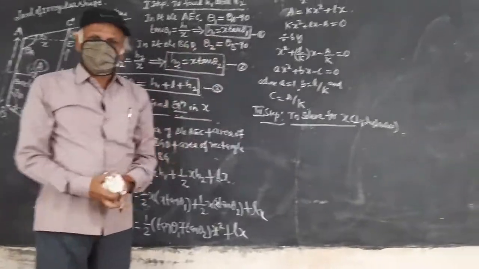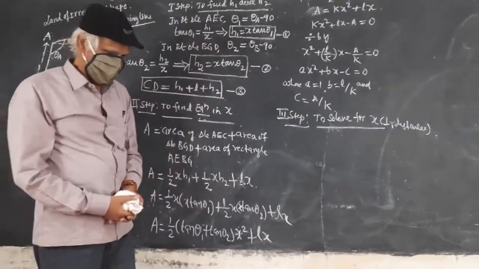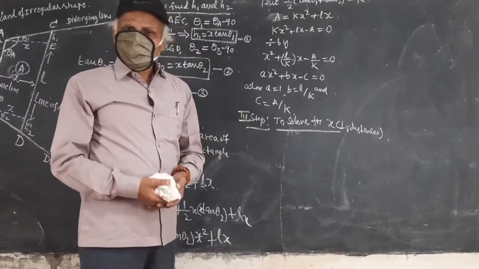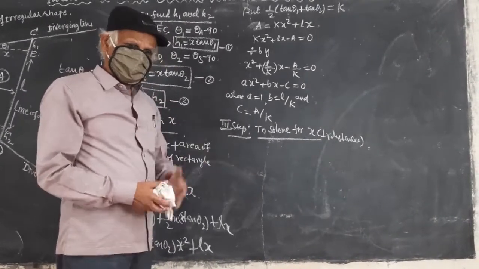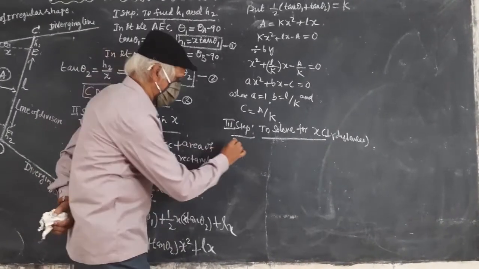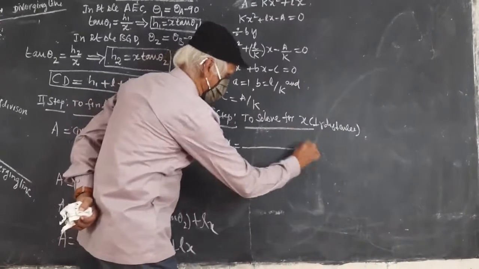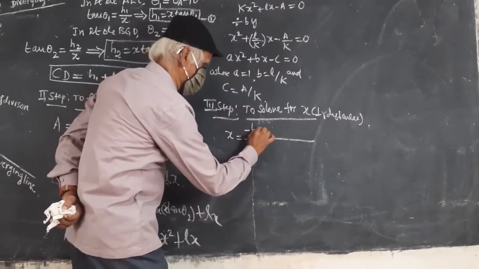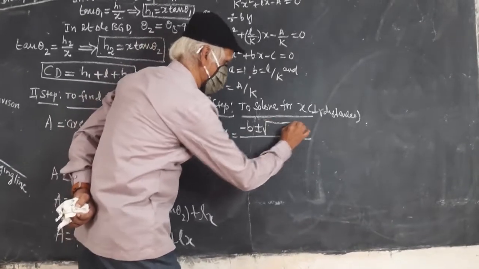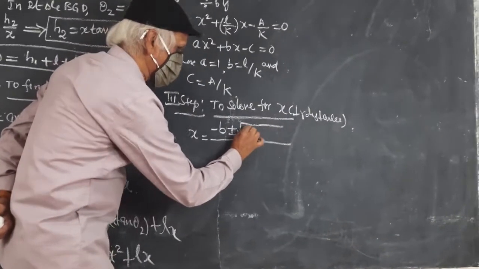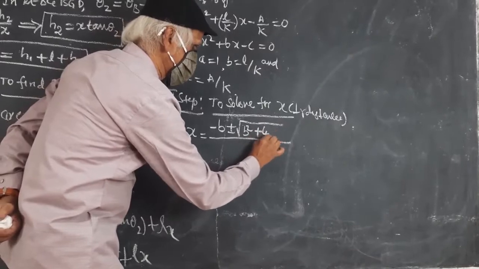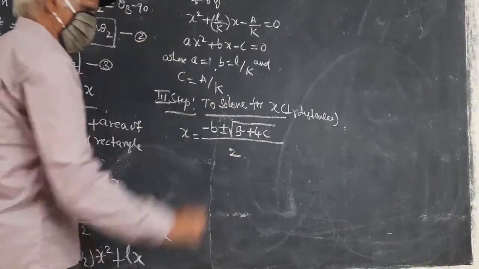Again, it is a quadratic equation, and from Sridhar's formula, one can directly write the solution for X as X is equal to minus b plus or minus square root of b square plus 4c, in this case, by 2.